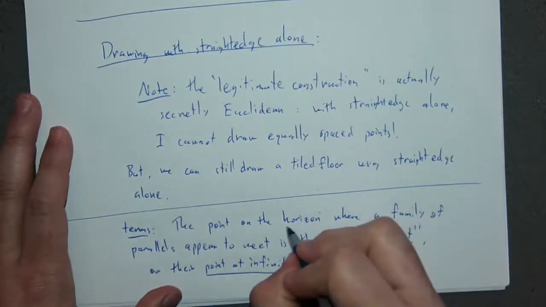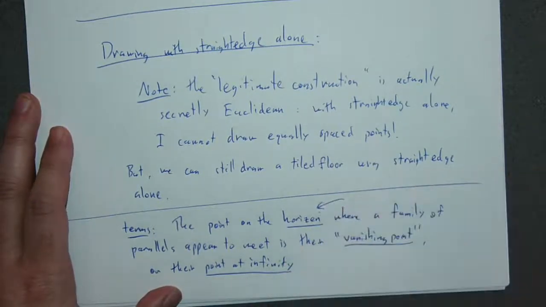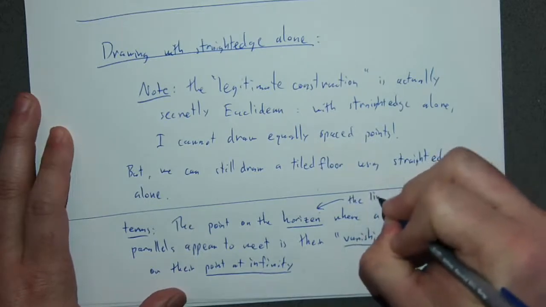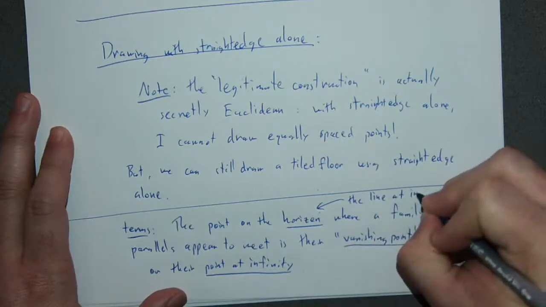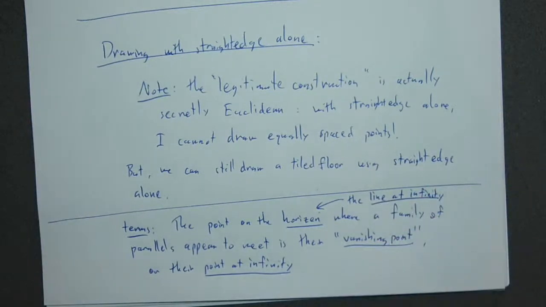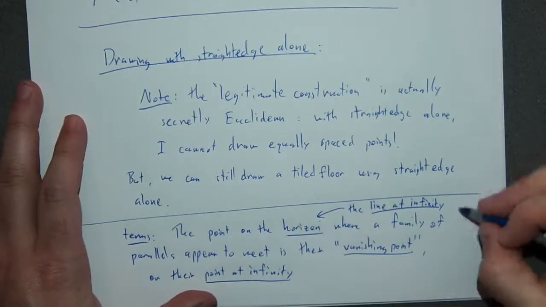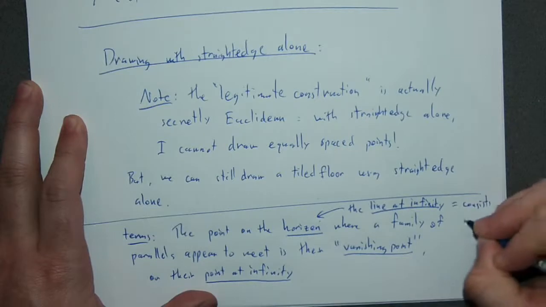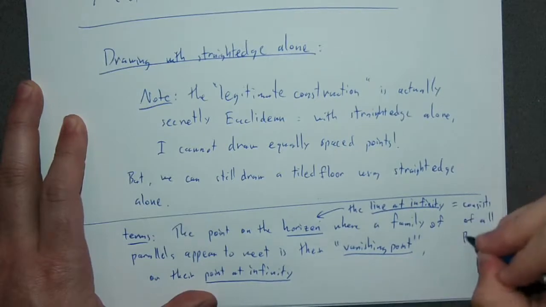The horizon itself is called the line at infinity. This consists of all points at infinity.